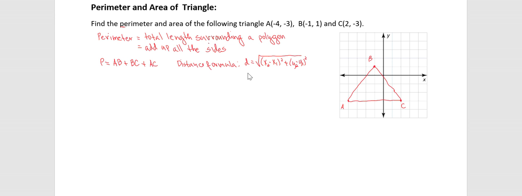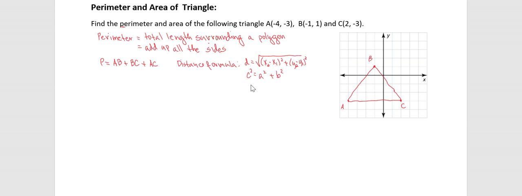But the shorthand notation of the distance formula is the Pythagorean theorem, which is c squared equals a squared plus b squared, where a and b are the two sides forming a right angle.